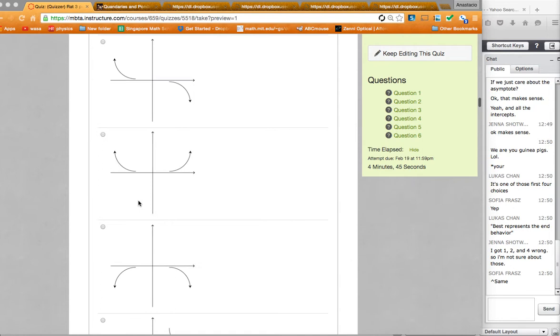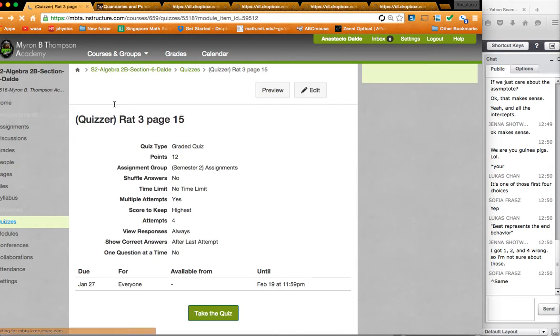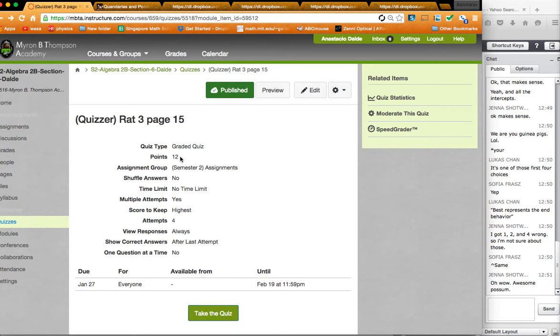For Rat 3, for those assignments where I asked the question in that fashion, I'm going to go through and give everyone who took that test automatic 12 points. Even if you got all of them wrong, if you at least took it, I'm going to give you automatic 12 points. If you didn't even take it, I'm not going to give you automatic 12 points.